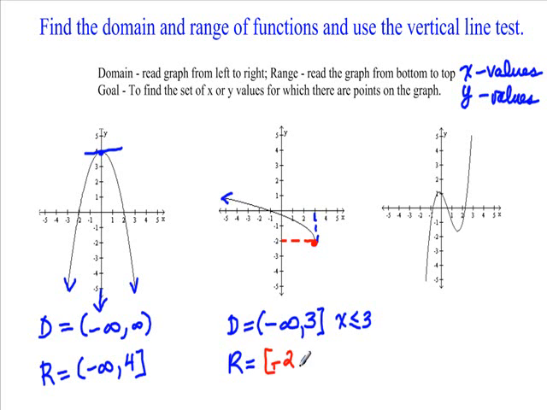Since the graph continues upward, it has no end in the upward direction. It's going to take a very, very negative x value to get way up high, but it will eventually get there. So this range is from negative 2 to infinity, or I could say y is greater than or equal to negative 2.